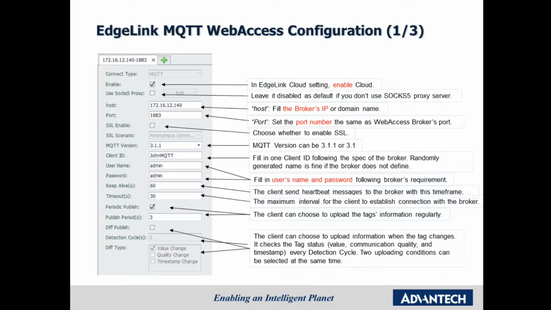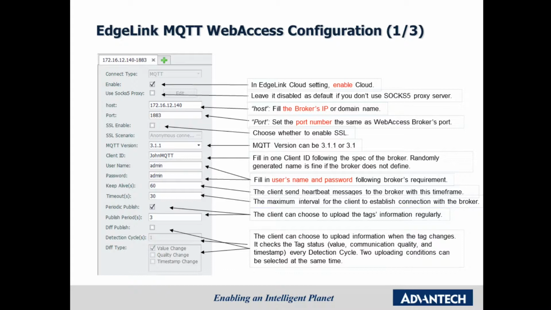Choose whether to enable SSL. The connection does not enable SSL security connection by default. If you click the Enable checkbox to enable SSL, the user can choose from 3 authentication methods: anonymous connection, server authentication, or mutual authentication.